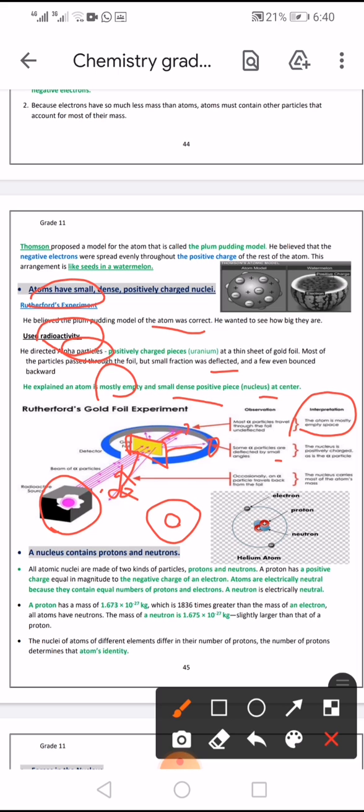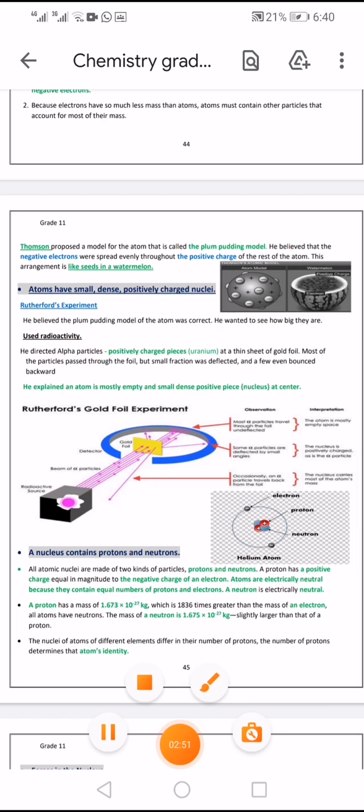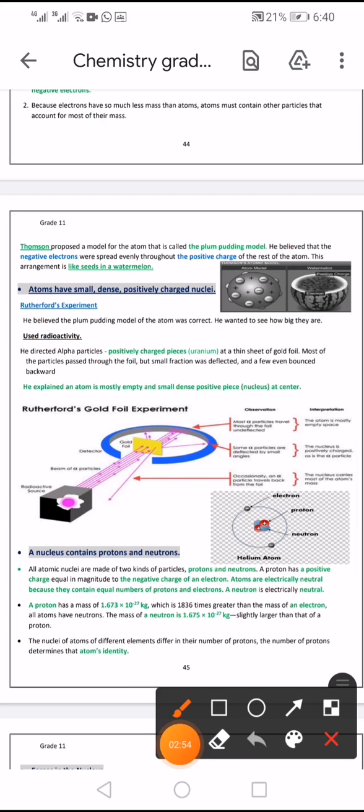The nucleus contains protons and neutrons. All atomic nuclei are made of two kinds of particles, protons and neutrons. The proton has a positive charge equal in magnitude to the negative charge of the electron.